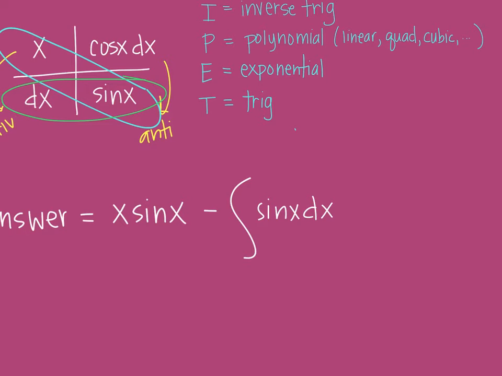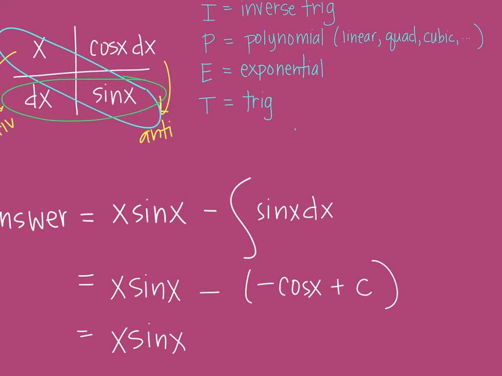What should happen is that integral piece should be easy to integrate. And so my answer continues, and this would be x sine x minus the integral of sine x, which is negative cosine of x, plus c. And so our final answer, when we have a double negative, is x sine x plus cos x plus the constant c.